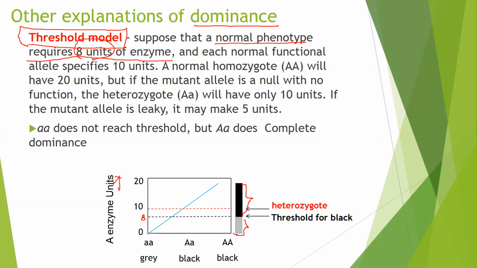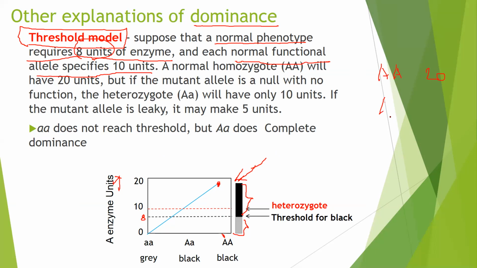like this. Right. Okay. Now, each normal functional allele can produce 10 units, which means the big A can produce 20 units, like here. So in this big A individual, it can produce more than 8 units, so it will show the wild type phenotype, dark, right?